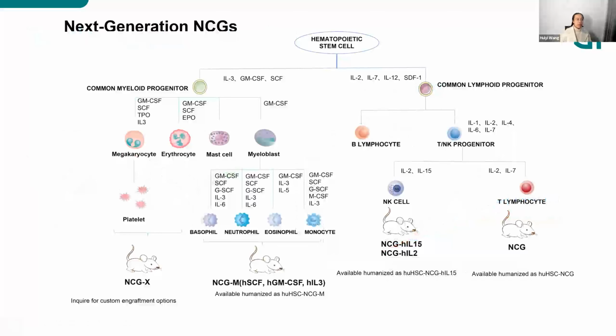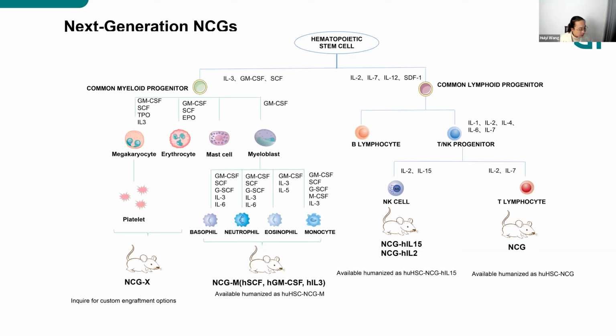And as we talked before, the PBMC NCG model has a relatively short window period, which limits the time to conduct efficacy studies, and the HSC NCG model has relatively low development of NK cells and myeloid cells.